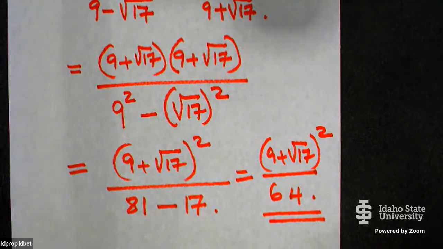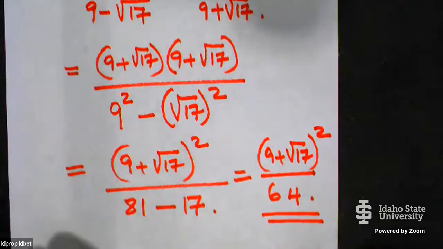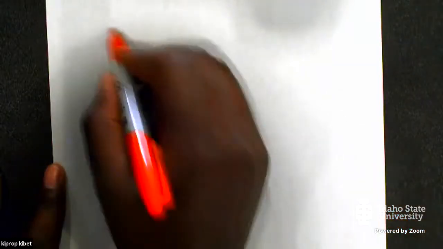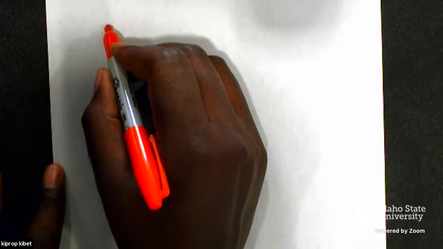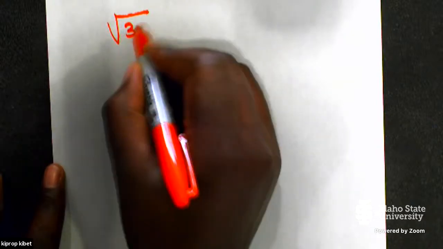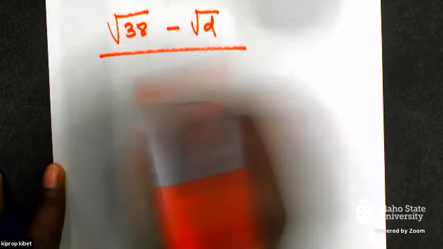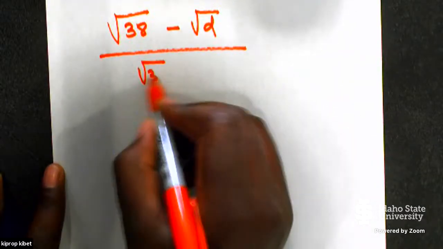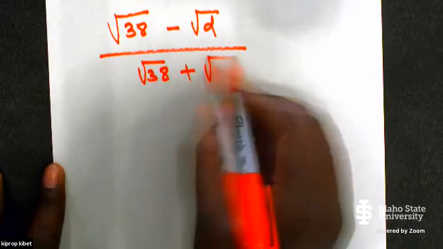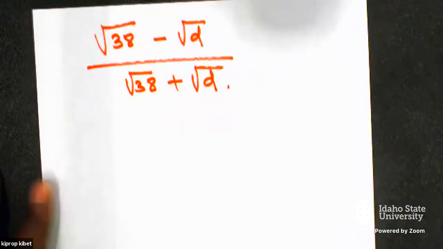Okay, we're done with this. All right, let's do the last example. I think it's also similar to what you've done. Simplify the square root of 38 minus the square root of d all over the square root of 38 plus the square root of d.